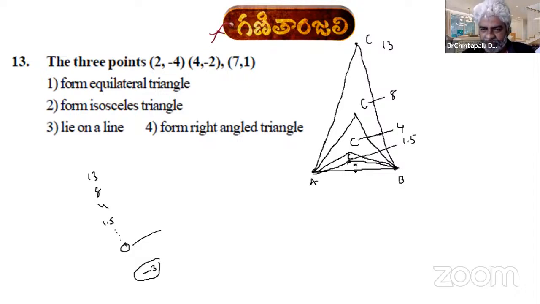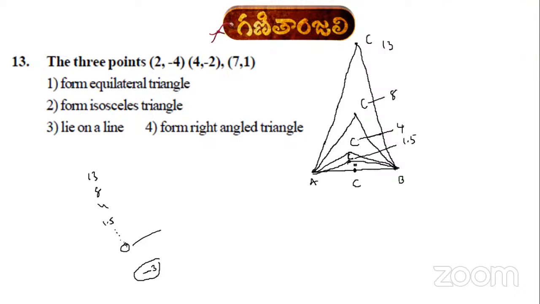At last, if C is on AB, exactly on line AB, right? Now, what is the area of triangle ABC at this stage?